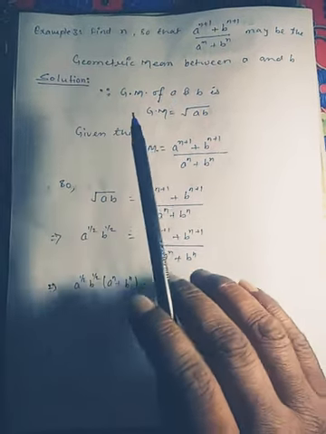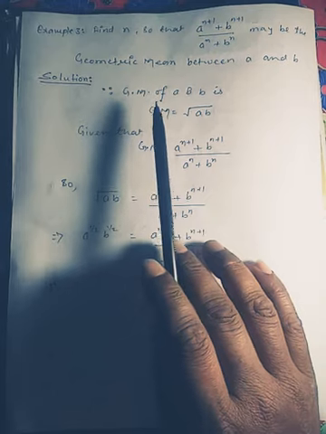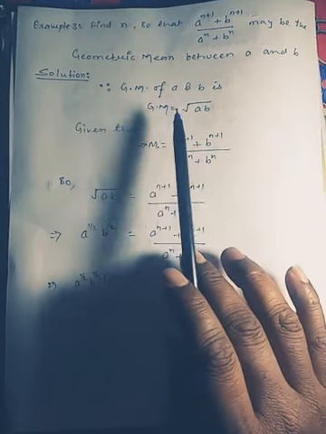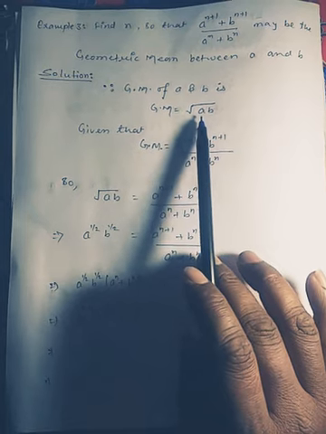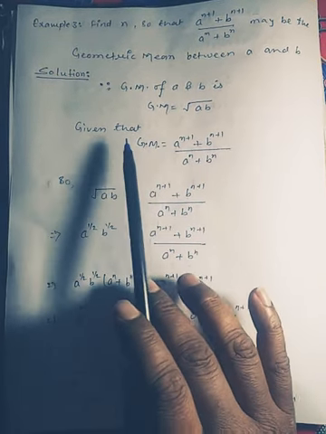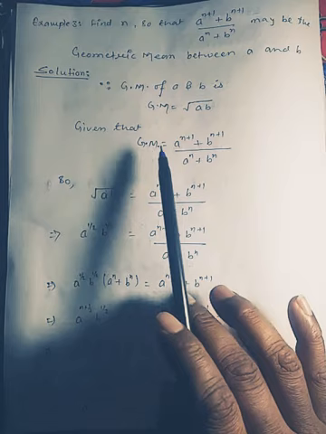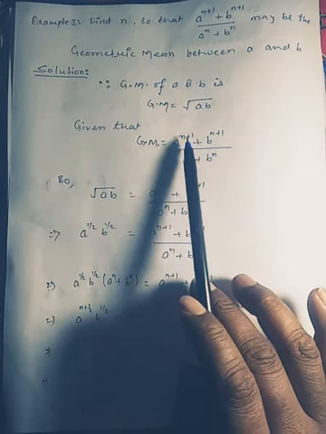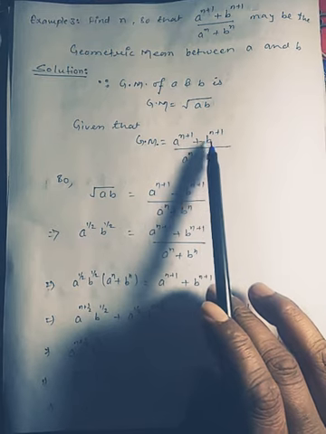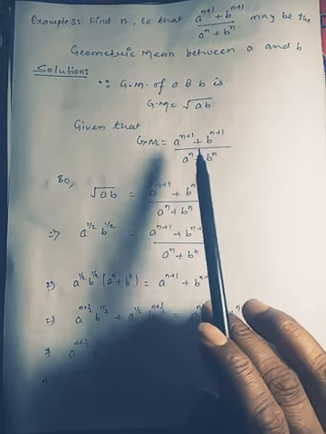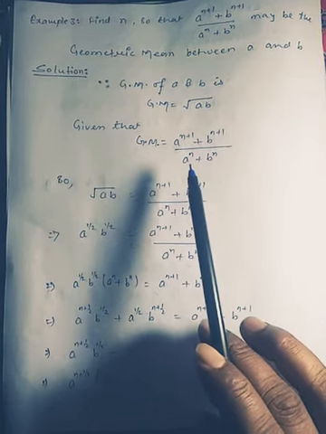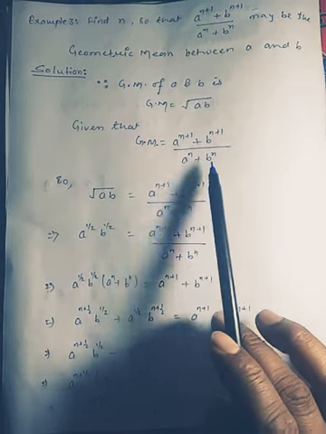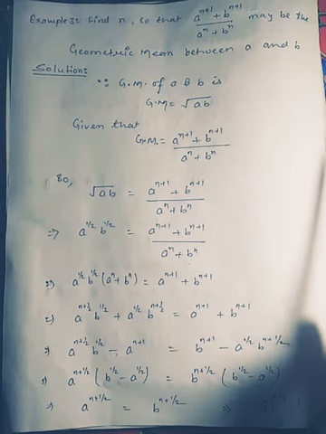Solution: since GM of a and b is root over ab, but given that GM is (a^(n+1) + b^(n+1)) divided by (a^n + b^n).